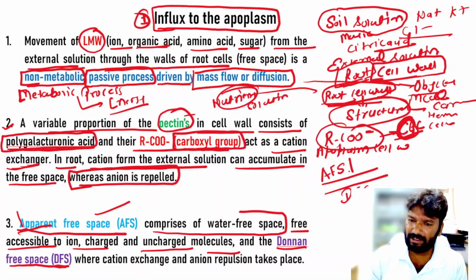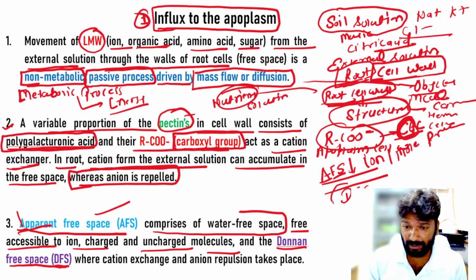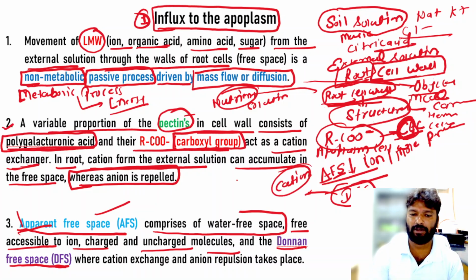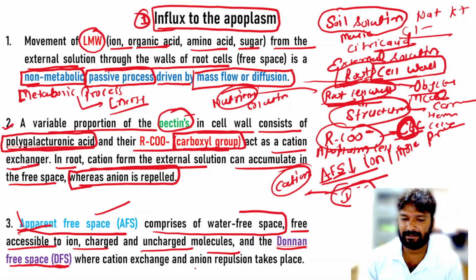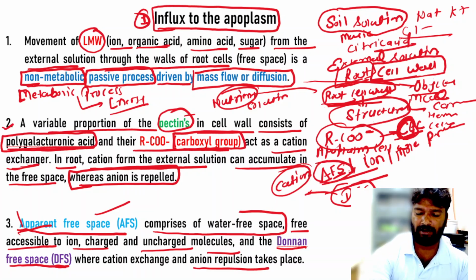In the apparent free space, ions or low molecular weight molecules can move freely. But in the DFS there are only cations, because anions are repelled here.